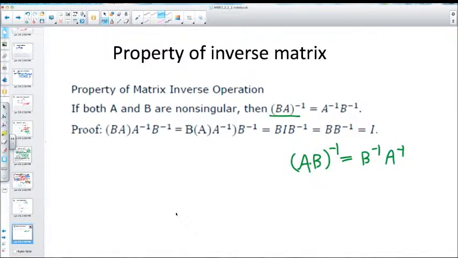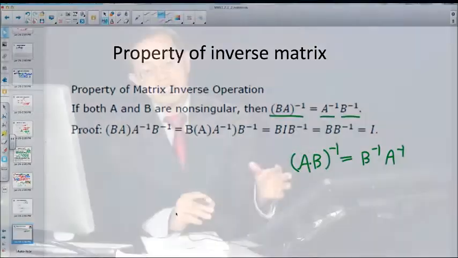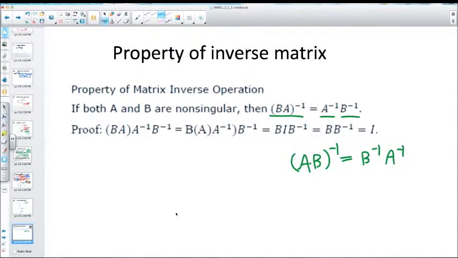The other one is the inverse of B A equals A inverse times B inverse. When we talk about the GPS coordinate transformation, you're going to understand this very easily, why you need to swap it. The proof will give you the insight.